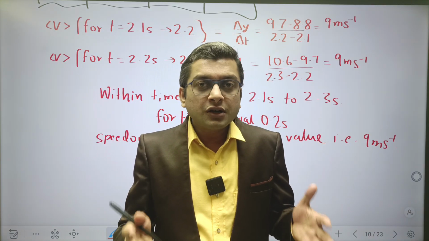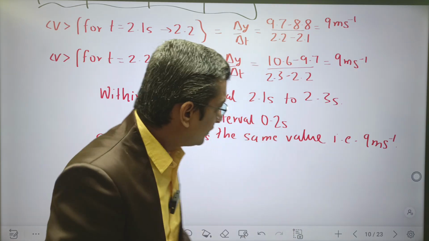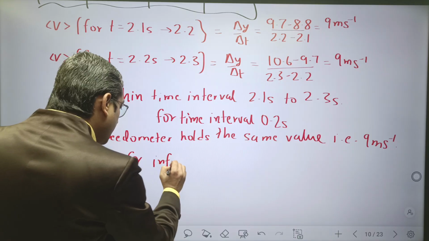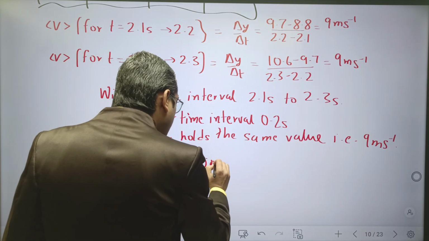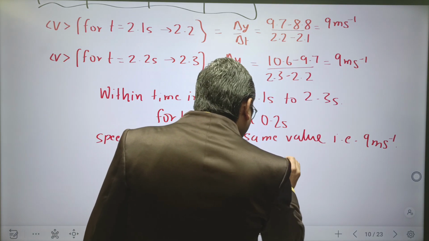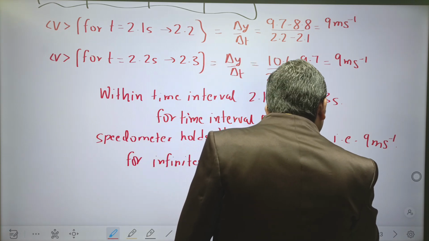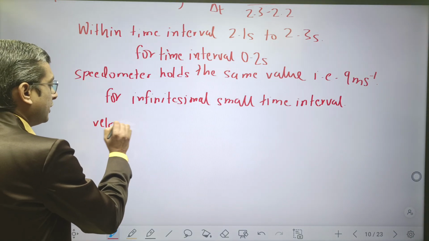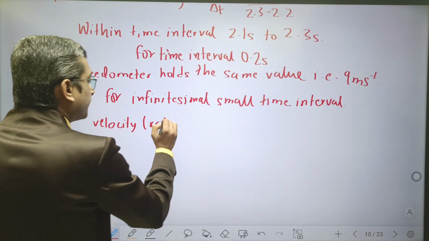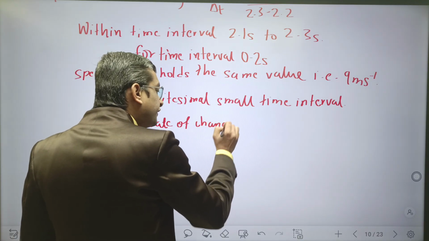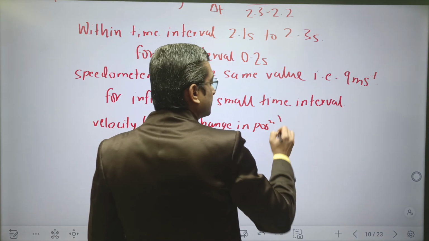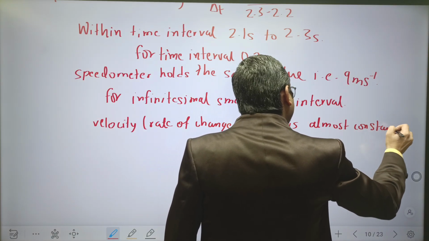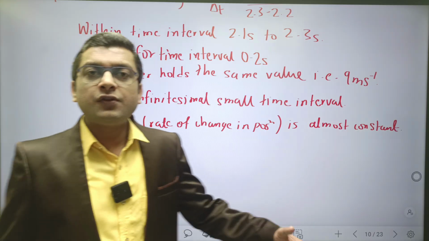So the conclusion we are getting from here is that for that infinitesimally small time interval, the velocity of the object, that is the rate of change in position, is almost constant, and this is the case of uniform velocity.